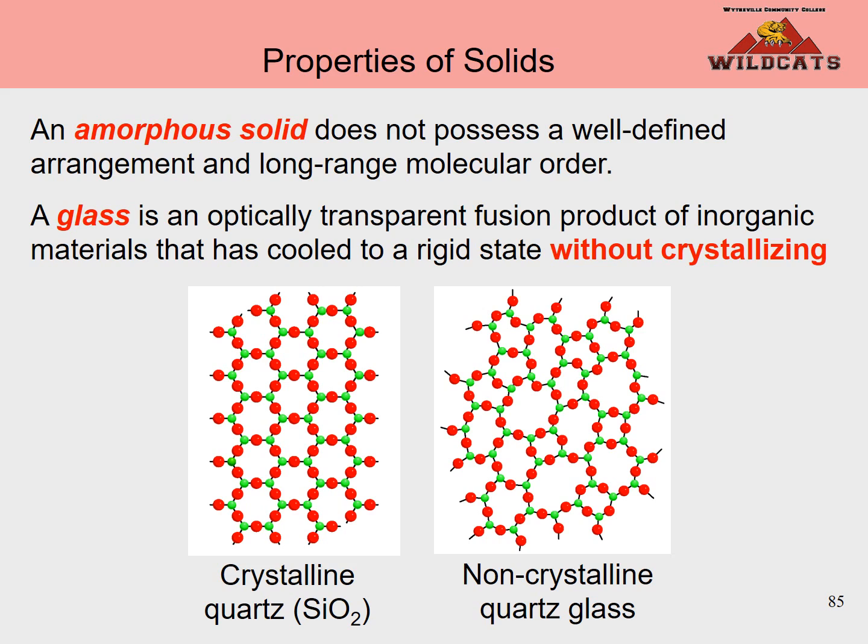So an amorphous solid doesn't possess a well-defined arrangement, and one of those classic examples is glass. It's optically transparent, so it's somewhat organized, but it doesn't crystallize into a rigid state.